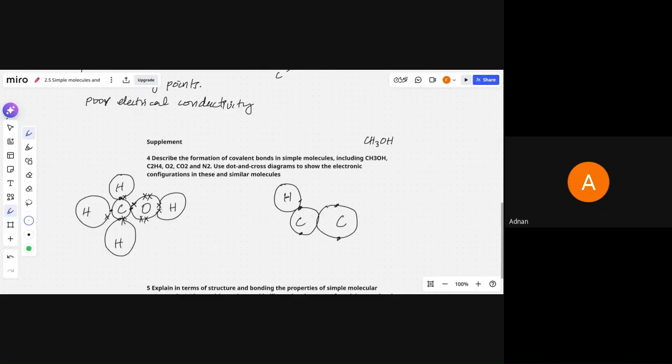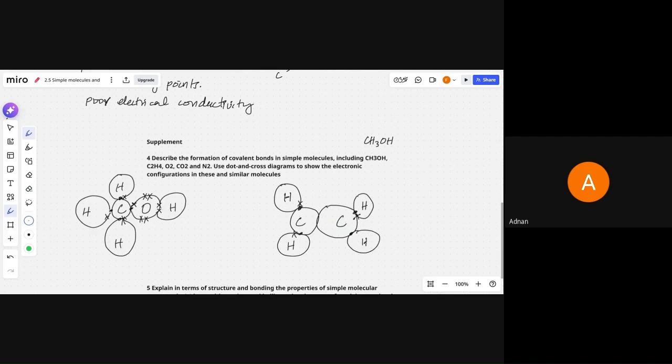One I connect here with its electron, and the other one I connect here. The electrons of hydrogens are represented with a cross, and two I will connect here. Let me bring the electrons of the carbon atoms on the other side: this is the electron from hydrogen, and this is the electron of carbon.